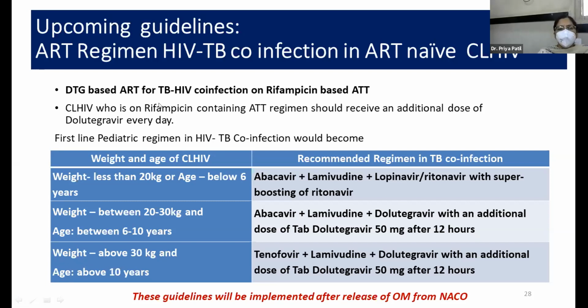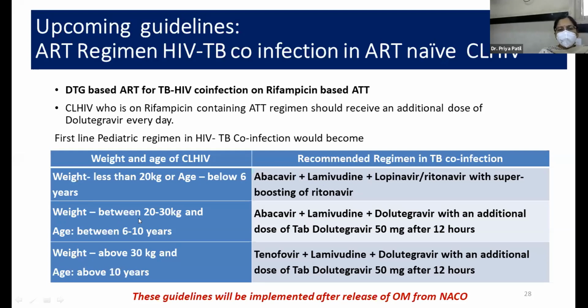So first line pediatric regimen then would become, coming to the weight less than 20 kg, age below 6 year group, the regimen will be abacavir, lamivudine with lopinavir, ritonavir with super boosting of ritonavir. So here super boosted LPV/r regimen has to be used because we cannot use dolutegravir here.